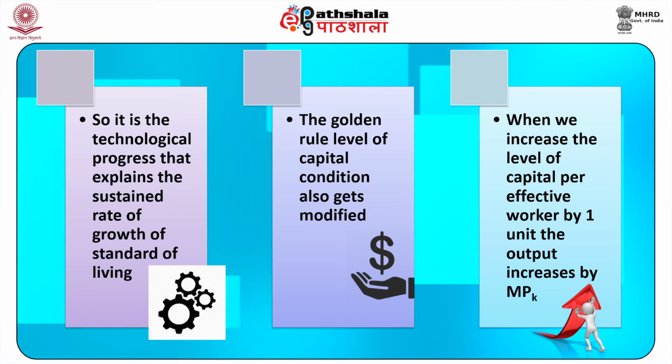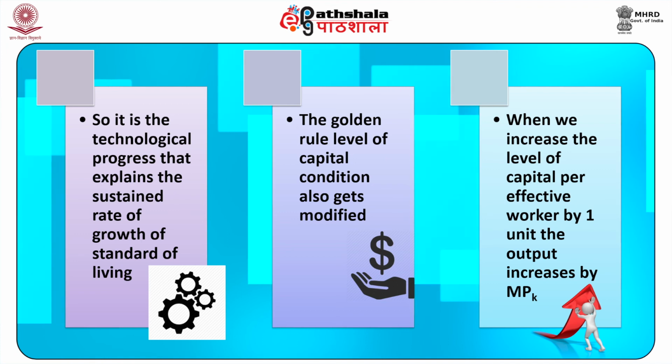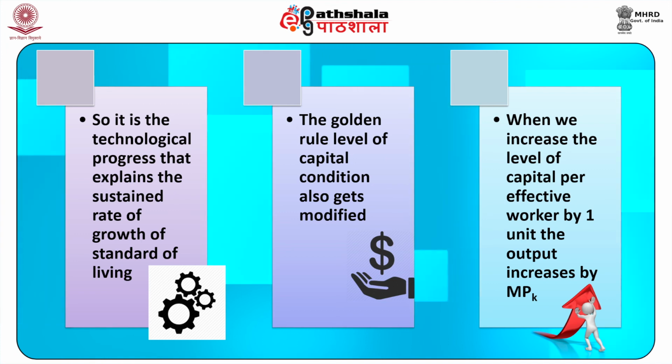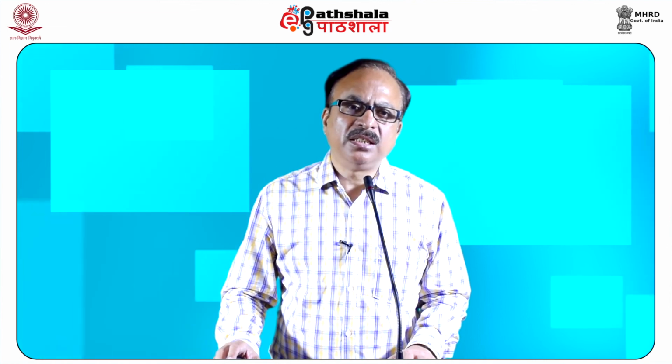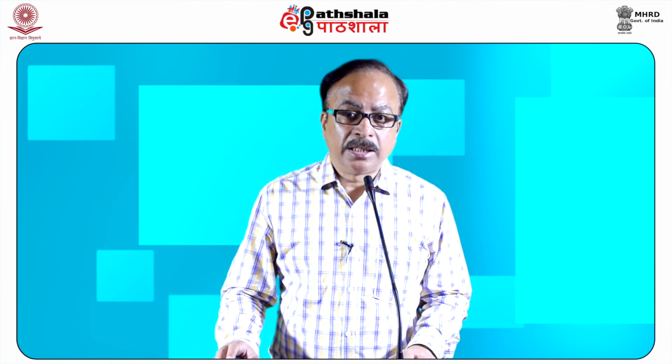When we increase the level of capital per effective worker by 1 unit, the output increases by MPK. In order to maintain the steady state stock of capital per effective worker at the new level, we need an increased investment equal to δ plus n plus g. So, if MPK is greater than δ plus n plus g, then it leads to an increase in the consumption per effective worker.